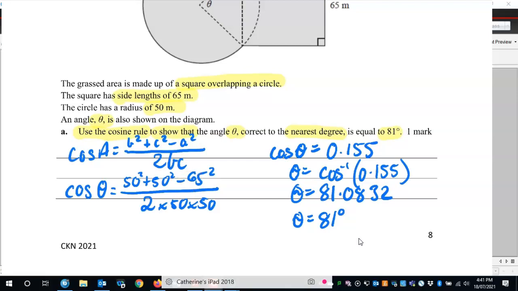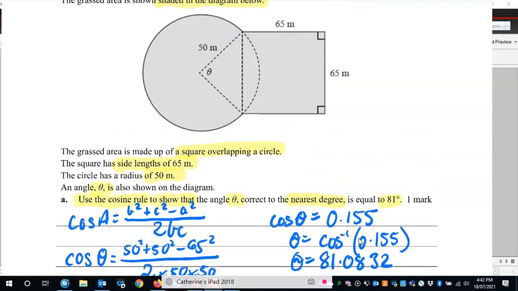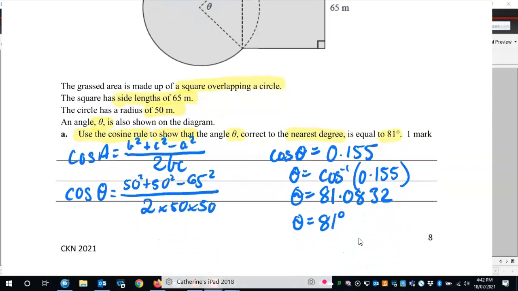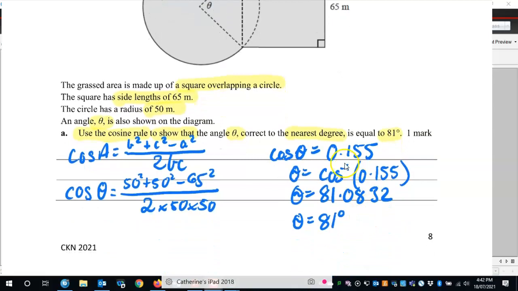So a lot of students here, in my reading of this, instead of having 65 here, they had 50. They didn't identify that because the angle we're interested in is here, that's angle A, that must be side A as well. Okay, so we have to have the two of those together.